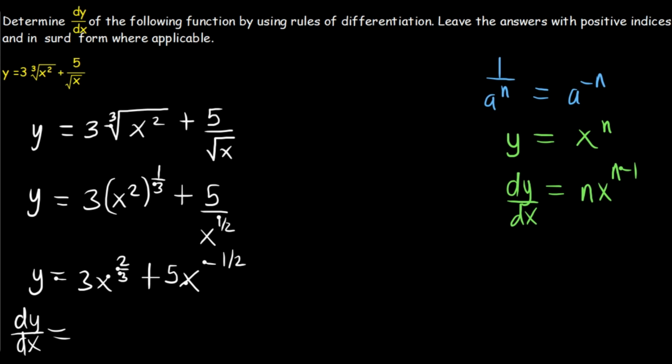We end up with a 3, then 2 over 3, then x, with the power 2 over 3 subtract 1, or we can just say subtract 3 over 3, because it's the same as 1. Then let's say plus 5, which is a constant, or let's just call this a coefficient.